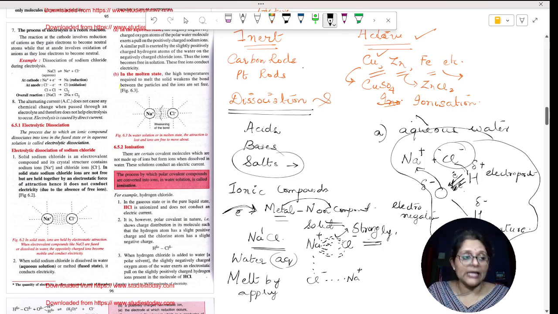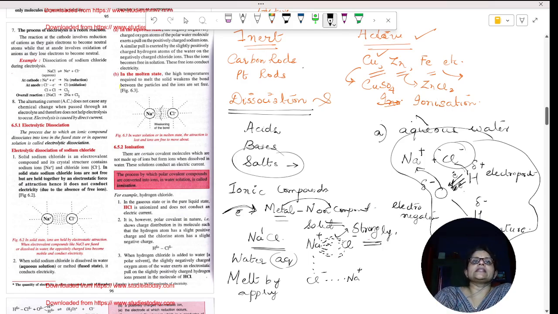When this happens, the bond between Na and Cl will weaken, and ions will be formed. This type of splitting into ions is known as dissociation. So one method is that if you add water to it, it will dissociate, be pulled apart, the bonds will be weakened and it will form ions.